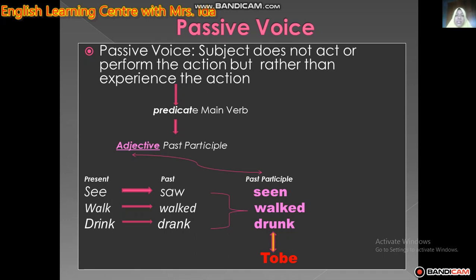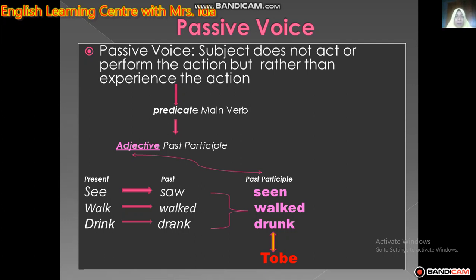Okay, let's take a look at examples of the predicate in passive voice. In the predicate of passive voice, we use a main verb that has been changed into past participle.